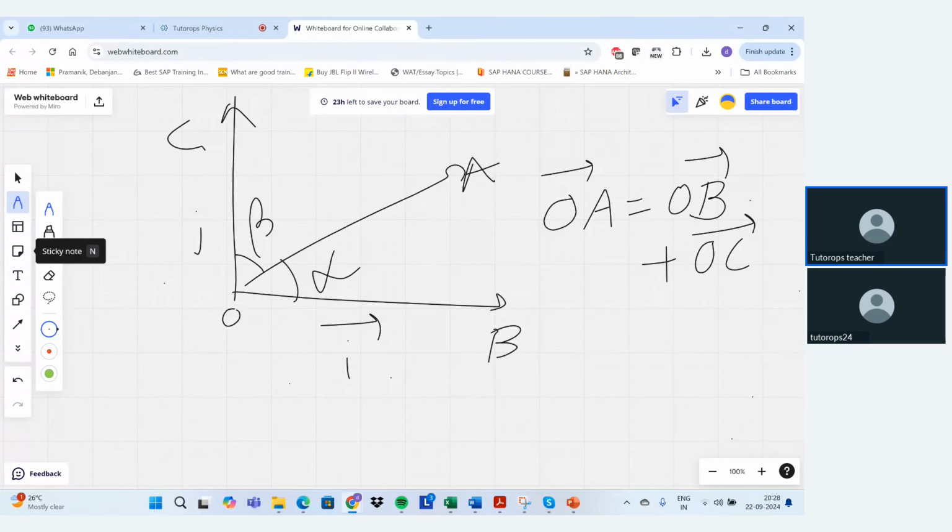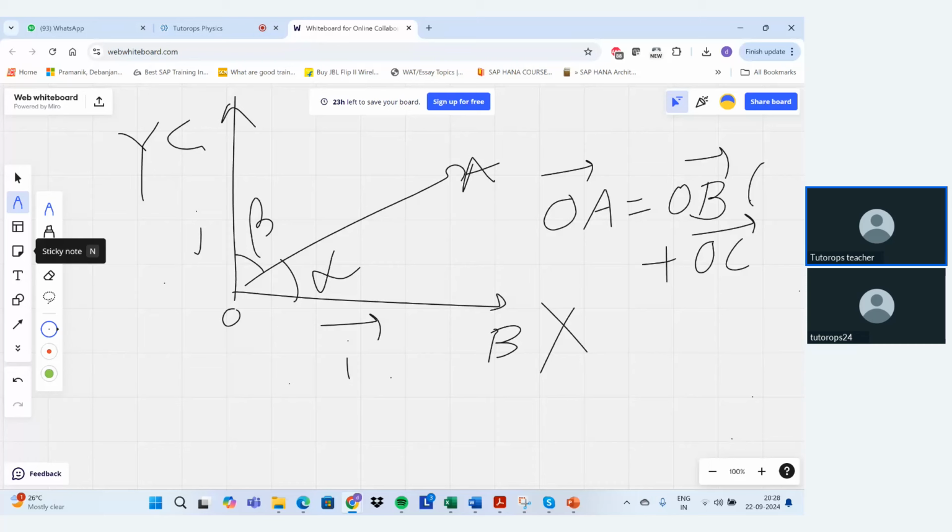Projection is nothing but this: the resultant vector has two projection vectors. One is towards X, and this is towards Y. So this is the projection vector towards X, basically the OX component.